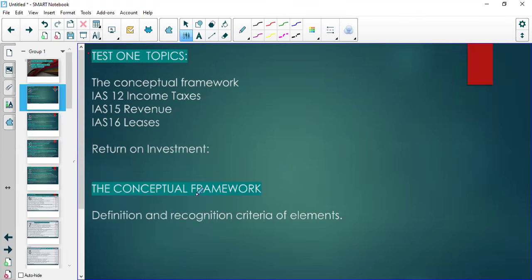All right, so let's talk of the conceptual framework. So with the conceptual framework, the basic standard, the basic expectation is that you should know the definition of the elements.